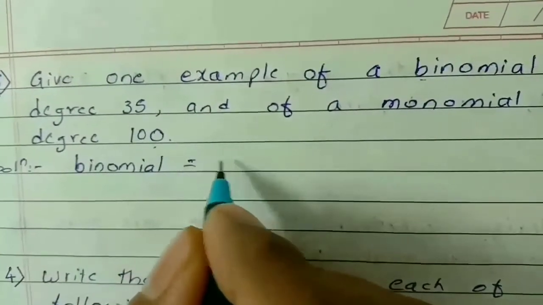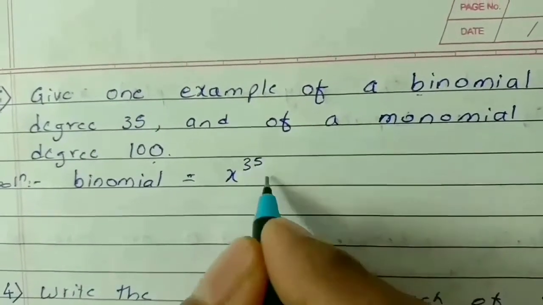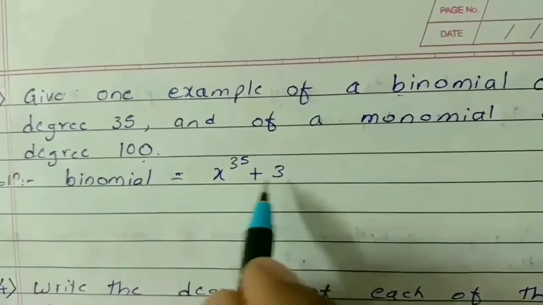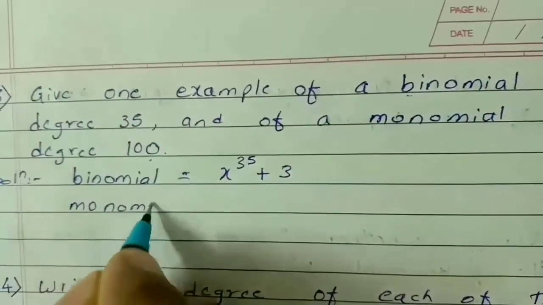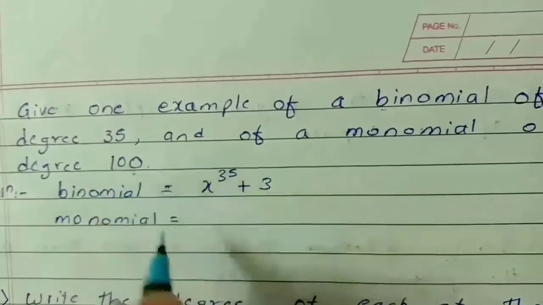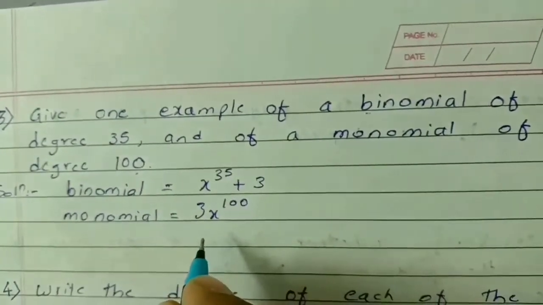It has to have a degree 35. So you can write this as x raised to 35 plus 3. This has two variables. And monomial of degree 100. So you can write this as 3x raised to 100.